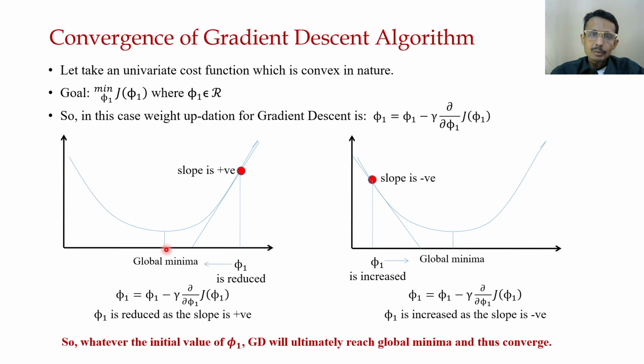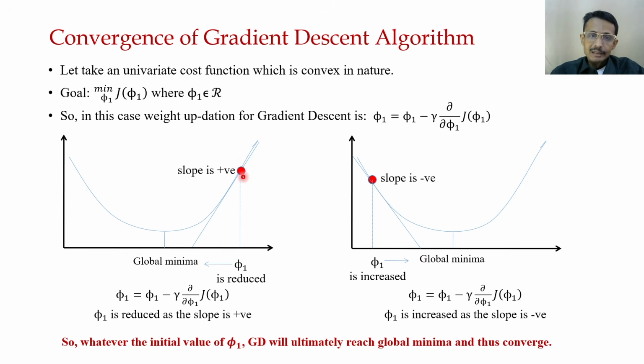the global minima. Now in the other case, if the slope is negative, this derivative part is negative and gamma is positive, so the total term is negative, and minus times minus is positive. So phi 1 is equal to phi 1 plus this value. Now it is in this position, and phi 1 is getting increased so that it slowly goes to the global minima.